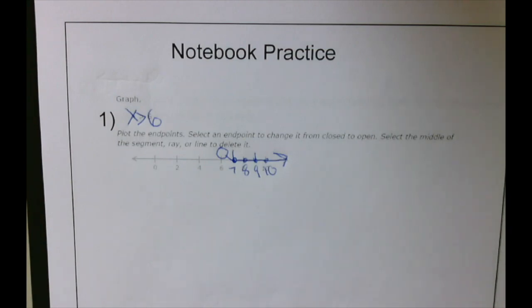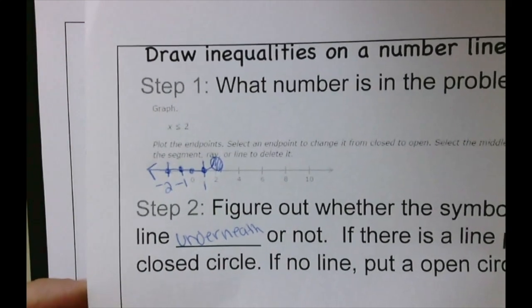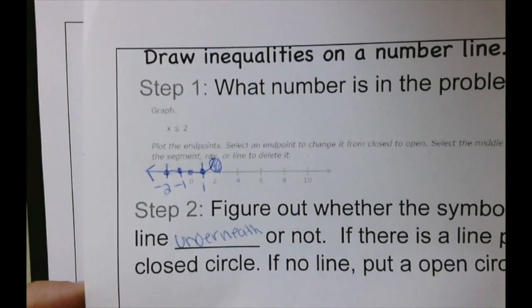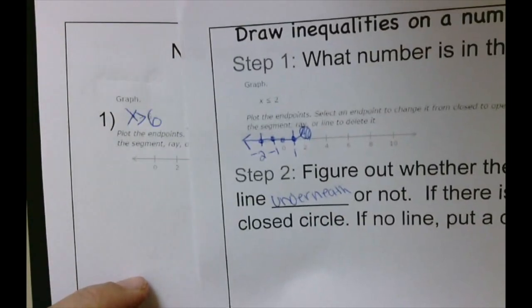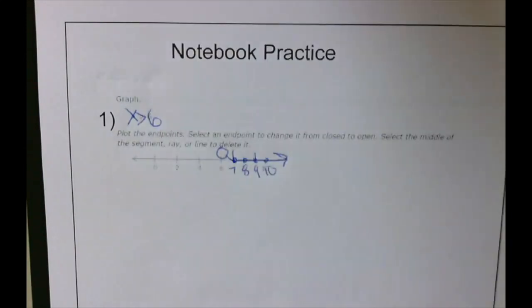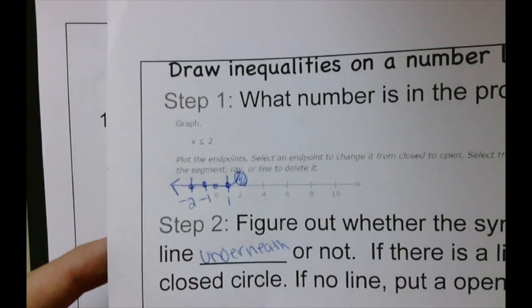I'm going to look back at the previous question and compare and contrast this question. Aside from the differences, that this is a less than or equal to problem, and this is a greater than problem, what else do you notice that is different? Well, one thing I noticed is that this is an open circle and this is a closed circle.